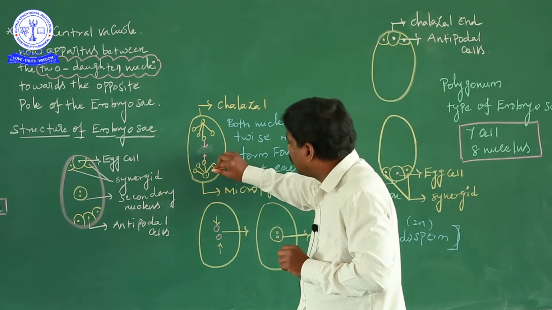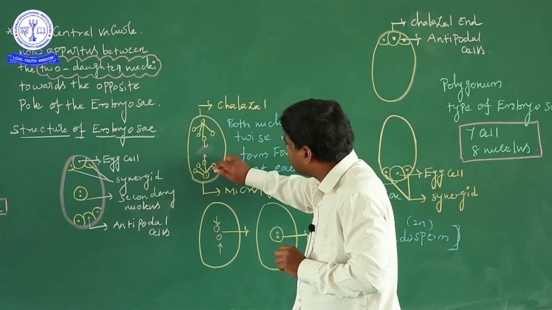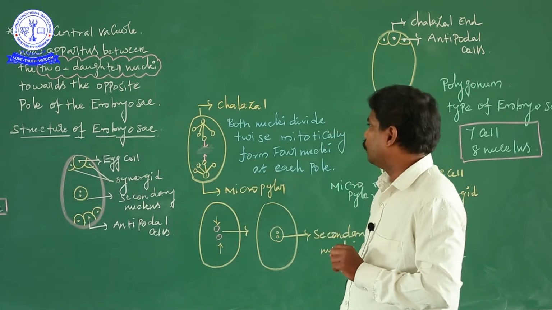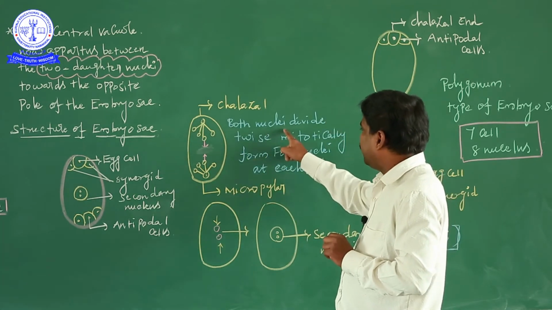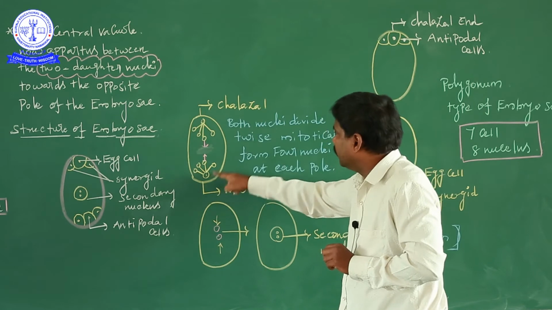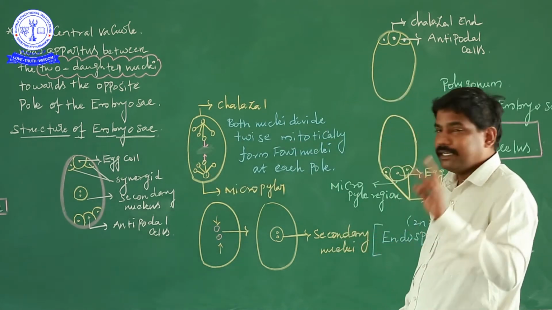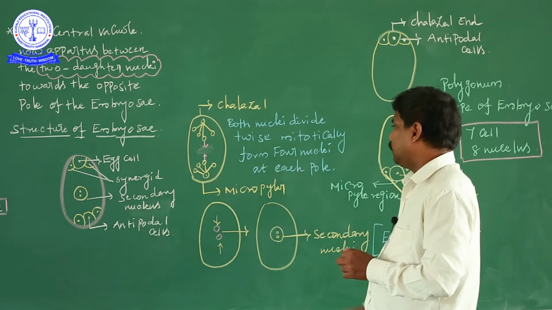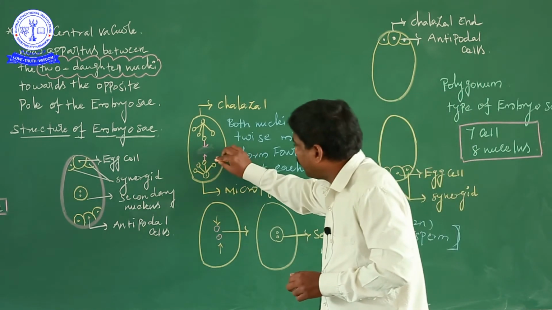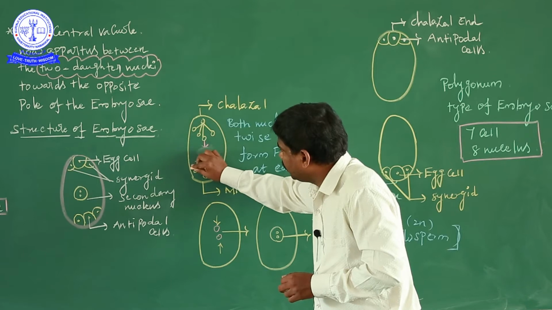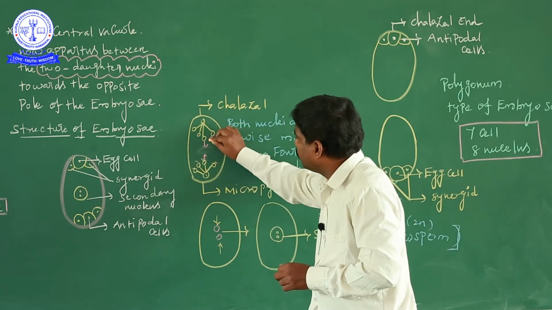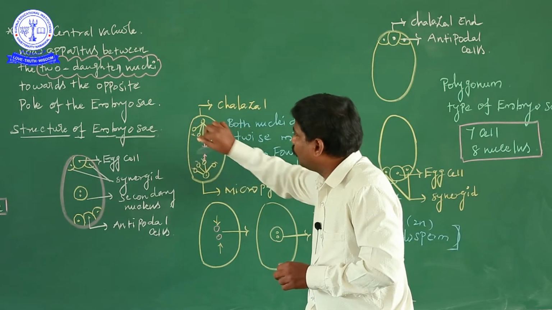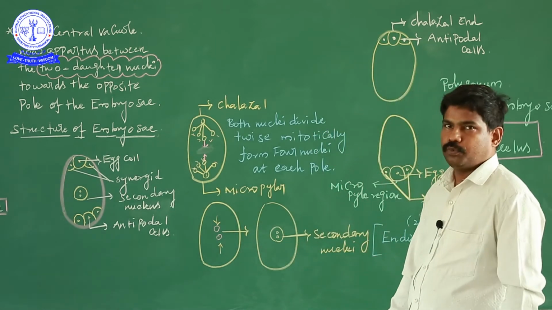The 2 poles are present in the 2 spore, and then both nuclei divide twice mitotically to form 4 nuclei at each pole: 1, 2, 3, 4, and also 1, 2, 3, 4 nuclei at each pole.